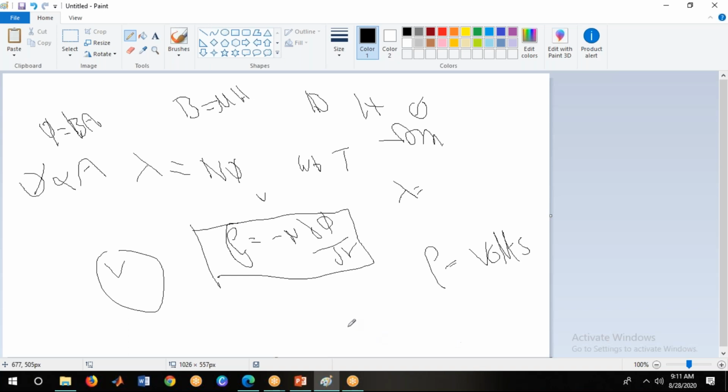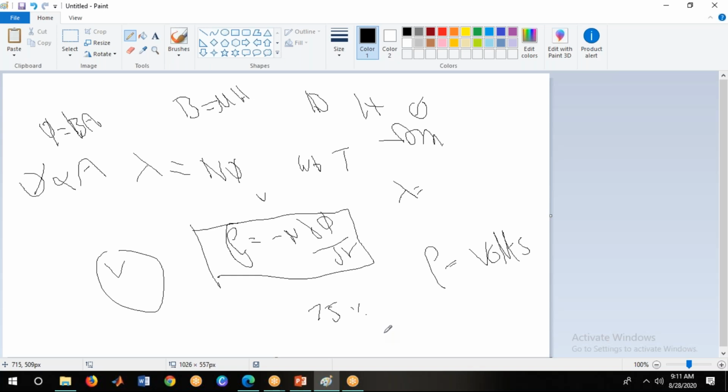That is different formulas with respect to the induced EMF. Now this induced EMF is seen in the generators and transformers. In the present scenario, most of the electrical devices, up to 75% of electrical devices, are run by the AC supply. Today's class we are going to discuss the AC operation of magnetic circuit.